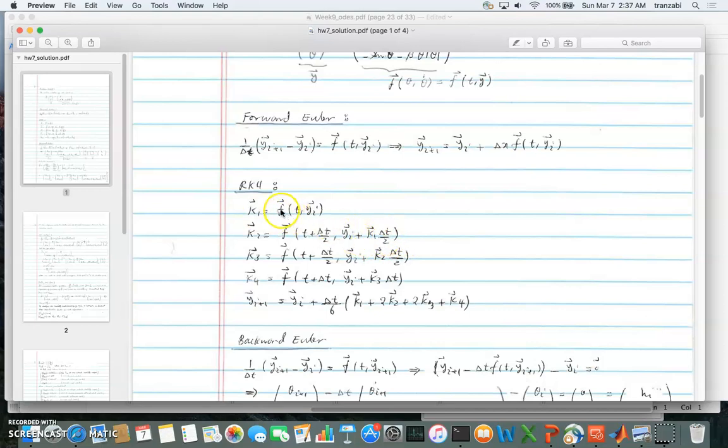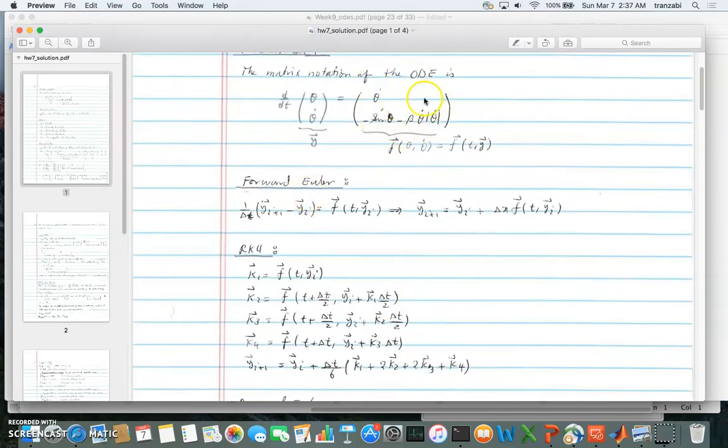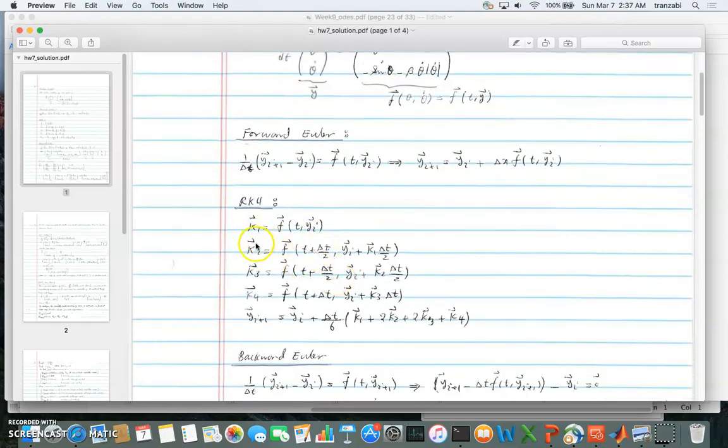Again, this f is a vector, and it's nothing but the right side of the differential equation after we convert it into two first order differential equations. We can find k1 all the way to k4 similarly, and then y i plus 1 is going to be the weighted sum of the k's. This is very similar to the scalar version. The only thing is that all the k's, k1 to k4, are vectors.